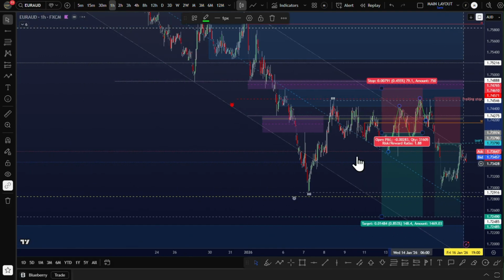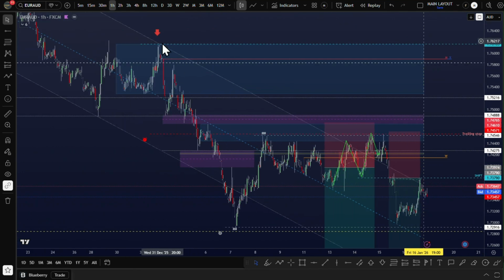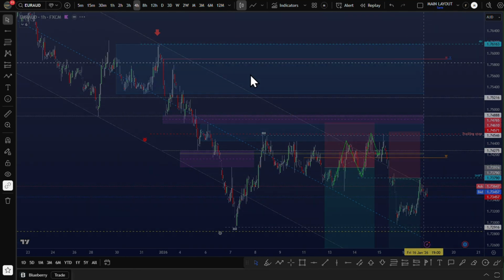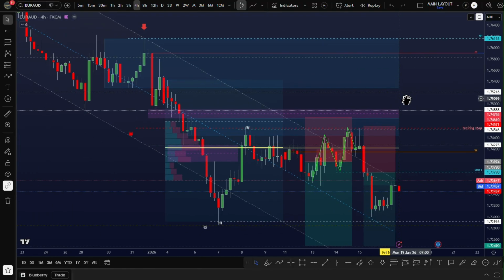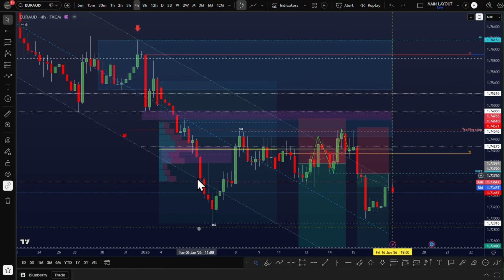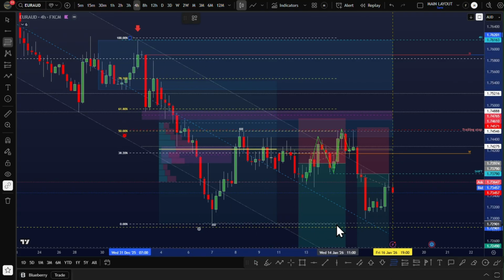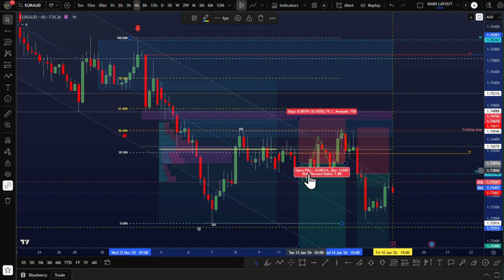Why? On top of the fact that you see this 4 hour order flow, you can see clearly here with this 4 hour order flow, we are currently in discount zone, so it wasn't a good zone to sell the market.